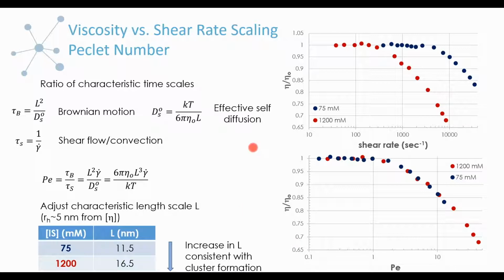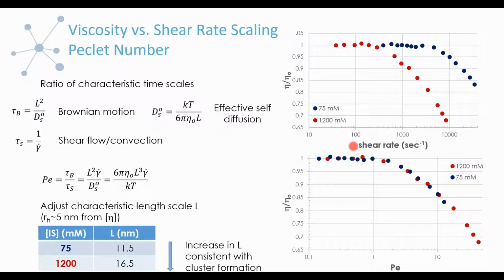So what we're going to do is, now we've taken the viscosity, and so that we have it easy to compare, we've scaled the viscosity on the low shear limiting value, on the plateau value at the low shear rates.